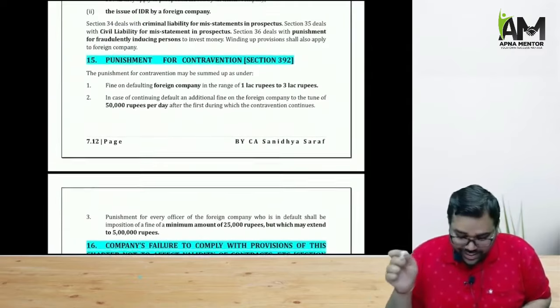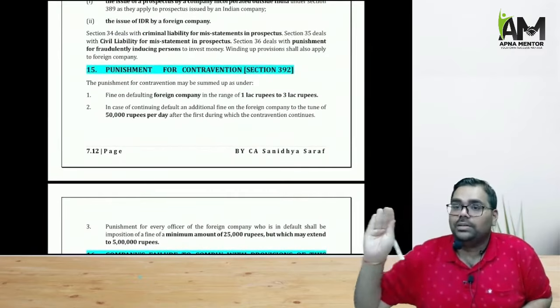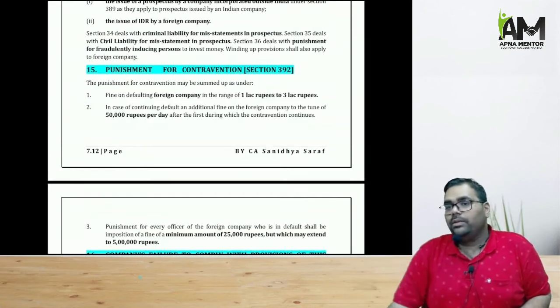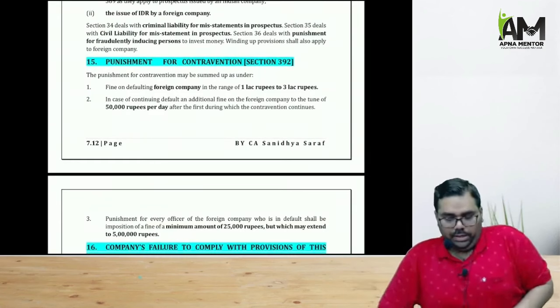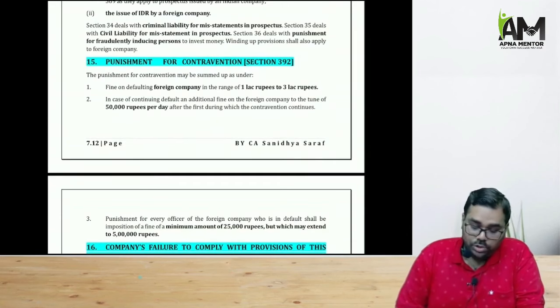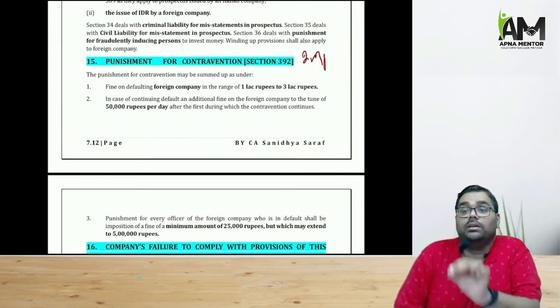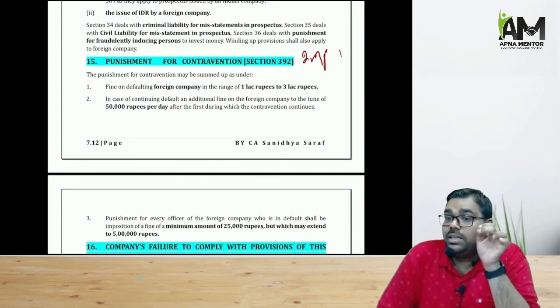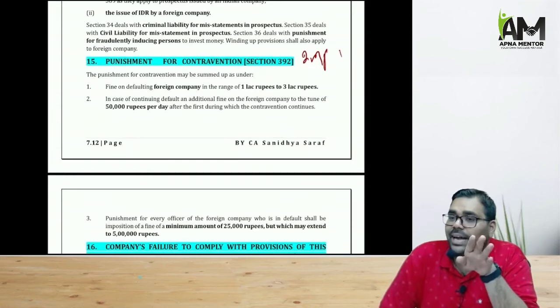Section 392, mark it very, very important. One of the most important penalties in your company law. Punishment for contravention. When this particular chapter was there in your CA finals, this particular penalty has come at least 5 or 6 times.